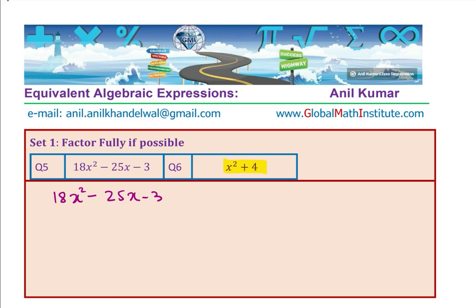So it does not have an x-intercept. If you graph this, what will you get? Well, you are going to get a graph which is going to open up, minimum value being 4, right? So you see, this cannot be factored, right? So x squared plus 4 cannot be factored.